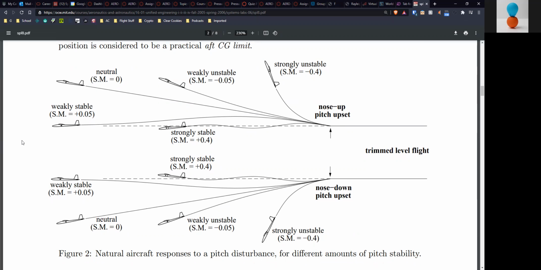Specifically for highly conventional aircraft, like what your design looks like and what a lot of DBF designs look like, it's about a quarter to a third of the way back from the leading edge of the wing. But that rule of thumb applies specifically to planes that look like this, that have a single main wing and a tail.